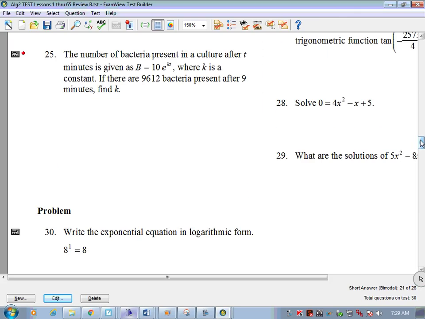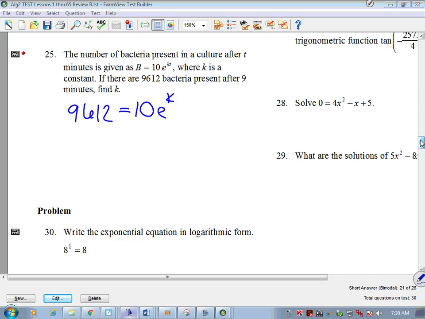Okay, 25. The number of bacteria present in a culture after t minutes is given by B equals 10 e to the kt, where k is a constant. There are 9,612 bacteria present after 9 minutes. Find k.